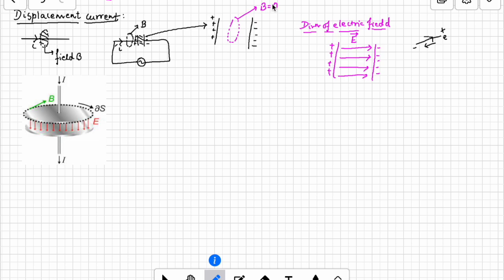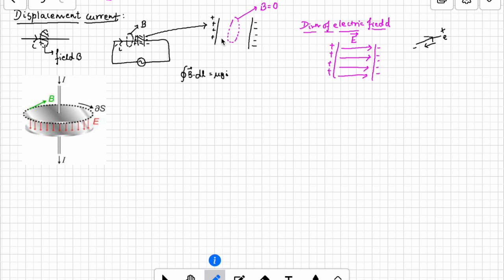But if that happens, that means that the Ampere circuital law is partially true. It is true for this circuit, but this is not true in this particular case. By Ampere circuital law, if we write down the straightforward Ampere circuital law that we have seen in the last class, B dot dl is equal to mu naught I, where this I is the current enclosed.